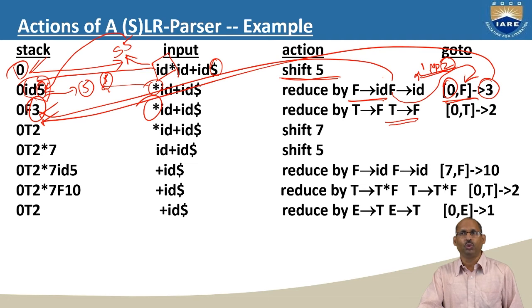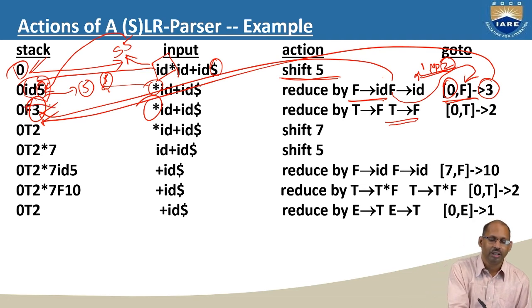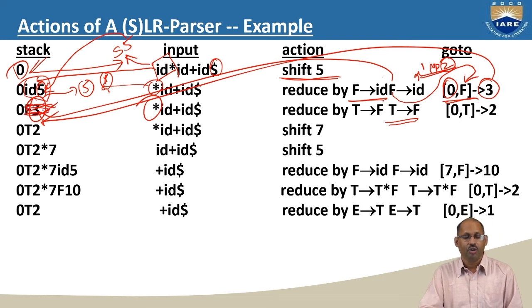So pop 2 elements from the stack. What are the 2 elements? Remove F and 3. What is the state now? The state is 0, and T is the input. T is the non-terminal of the production.